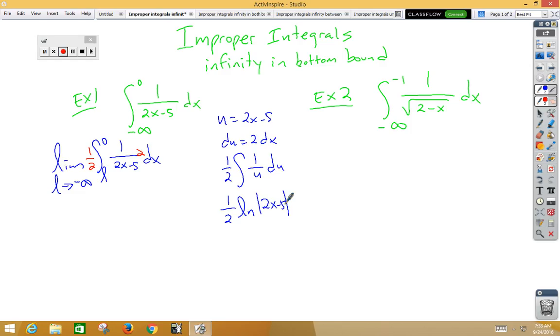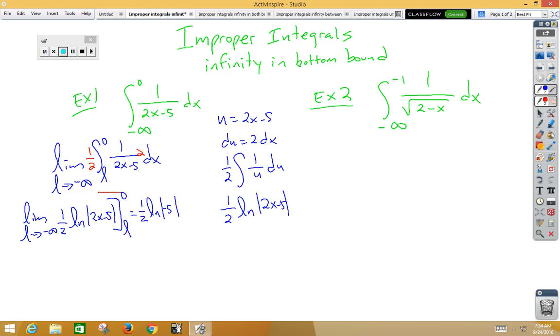So now we have 1/2 natural log 2x minus 5 from L to 0, and we're going to take the limit as L approaches negative infinity. So if I plug in, I get 1/2 natural log absolute value of negative 5.